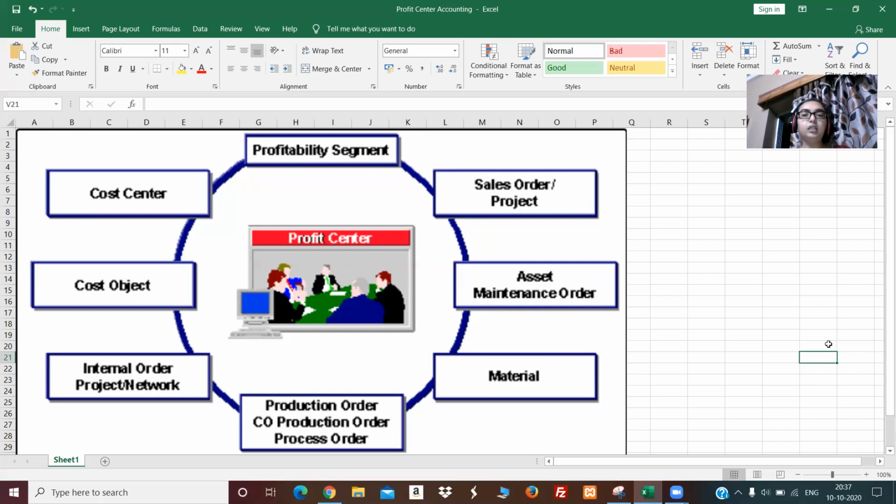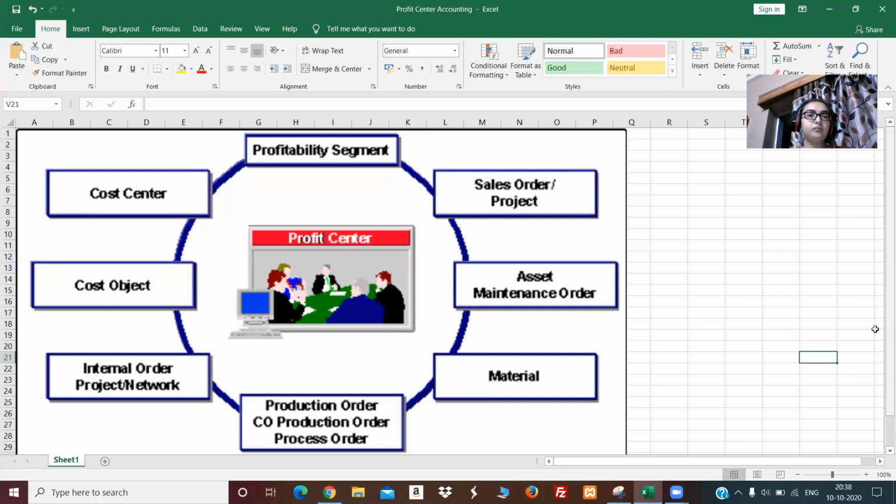So finally we can determine the profit, meaning income minus expenses. The profit is easily calculated by using such tools, by using such cost objects, and finally we can determine our profit, and accordingly our business can take strategic decisions. So this is the concept of profit center accounting.